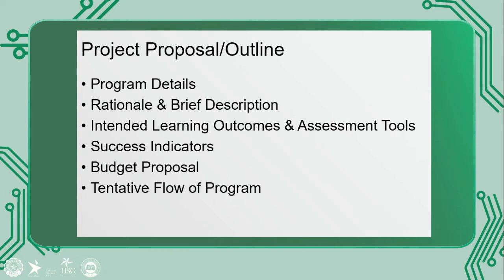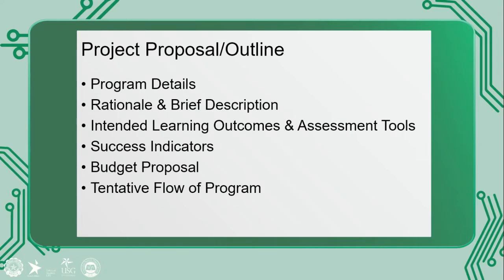When we talk about a project proposal or outline, these are the basic elements: the program details, the rationale and brief description, intended learning outcomes and assessment tools, success indicators, budget proposal, and tentative flow of program. These are the details that you need to come up with first before you make your action plan, or else you will be lost in which direction you are heading in your project management.